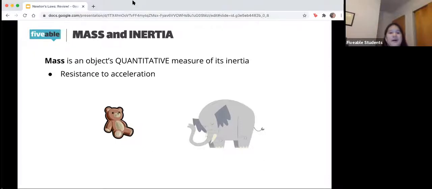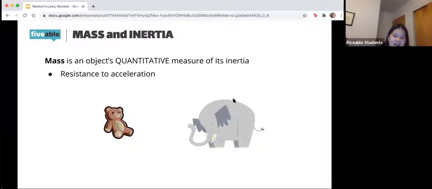At least I don't. But another way of thinking of inertia is that mass is an object's quantitative measure. Inertia is the resistance to acceleration, and mass is the number representing inertia. For example, I have a stuffed bear and an elephant.